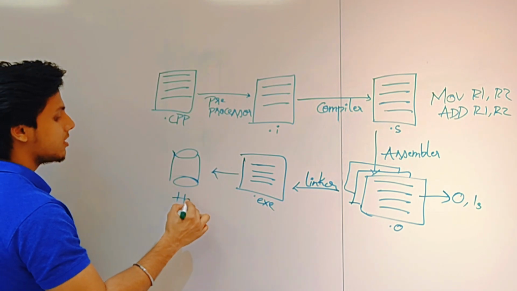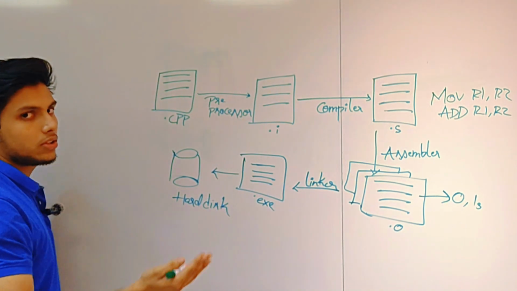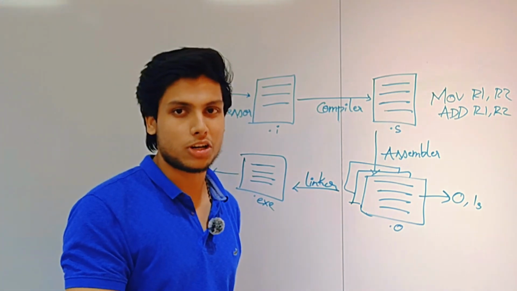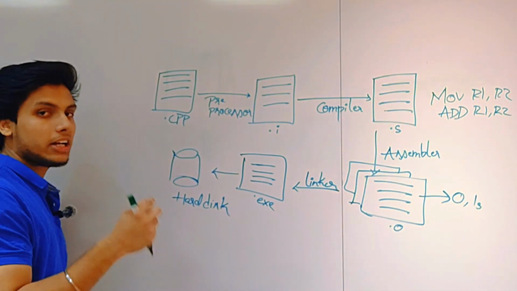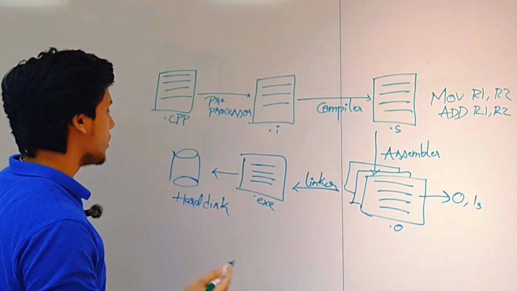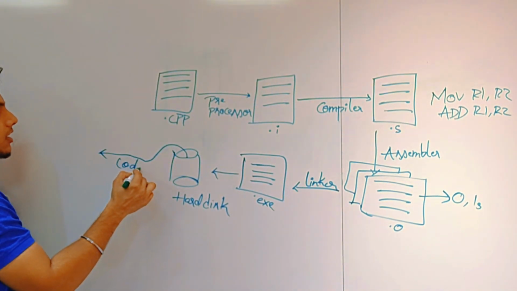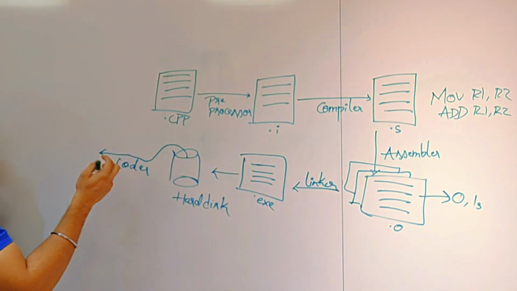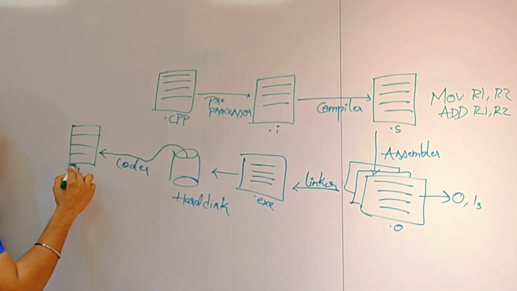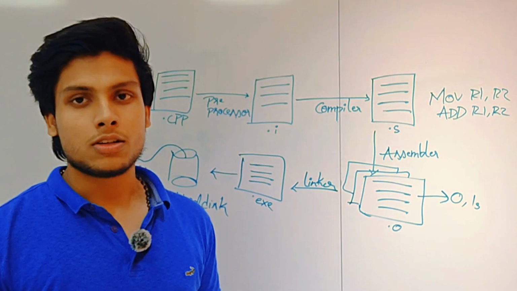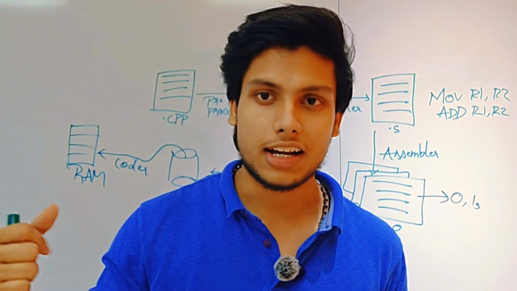This is the program you write, your software or anything. Whenever you run a particular program, the loader takes this program from the hard disk and it runs in the RAM. So this is how your code actually compiles and executes.